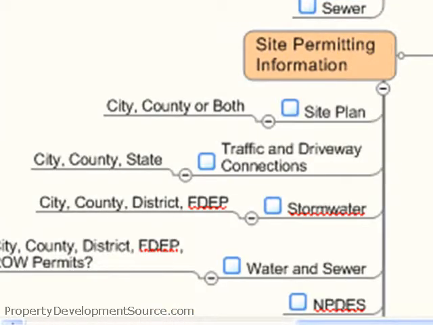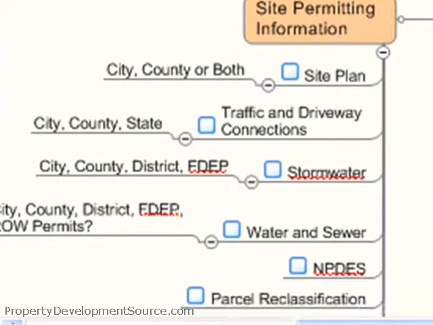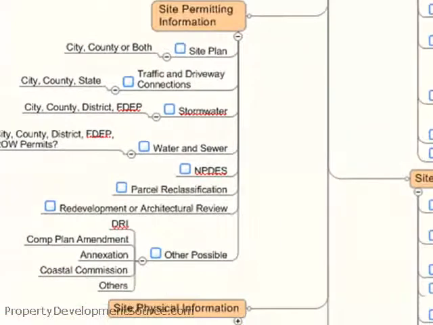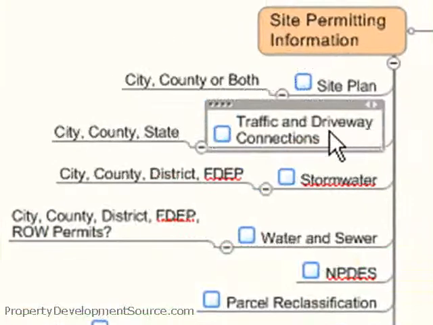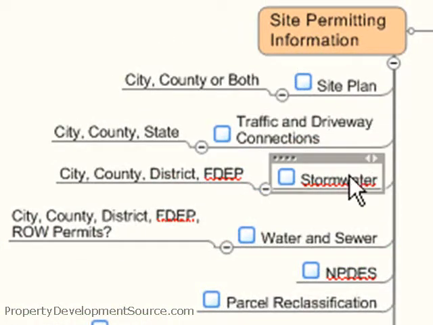Moving on, our due diligence reports usually talk about the site permitting information and what we expect, what kind of permits are going to be required to develop the site. Just looking at the site and not the building, here's a list of quite a few. Typically site plan permits. You could have separate traffic and driveway connection permits.